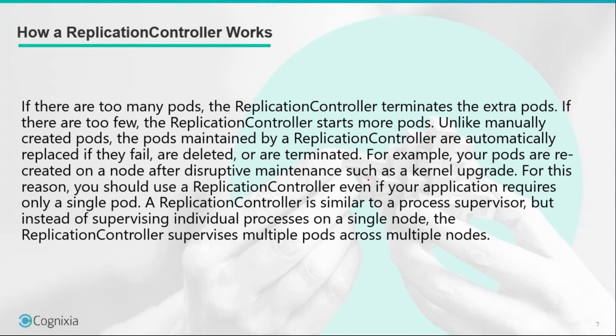So you have maintained a replication controller state of a pod by saying that I need only three pods, and three pods are running on three worker nodes. Worker nodes are nothing but your virtual machines.